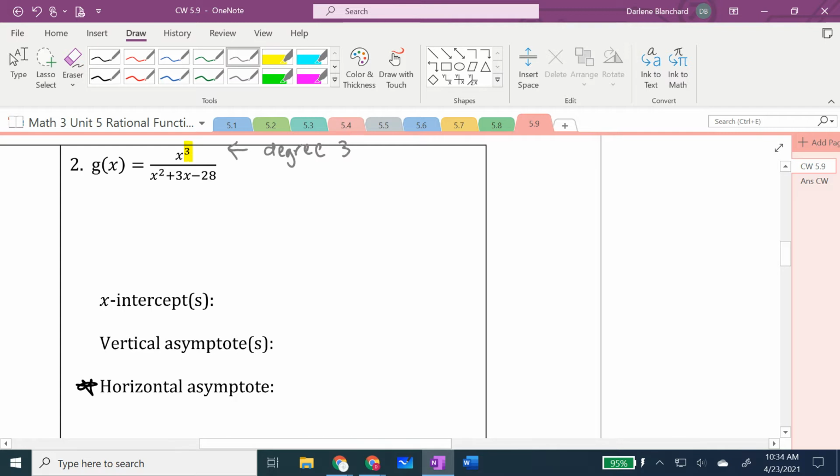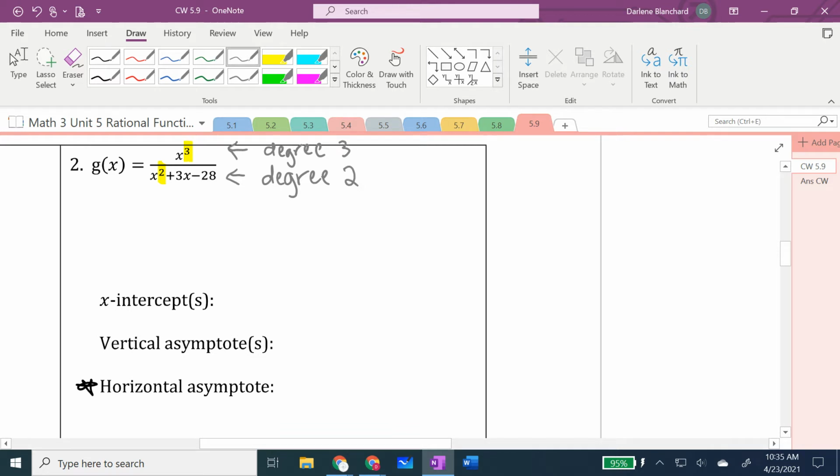Oh, I see someone answered it already. What is the degree of the denominator polynomial? Anyone? What's the degree of the denominator polynomial? What's the largest exponent? Thank you so much. 2. Other people said in the chat also, by the way. Thank you.